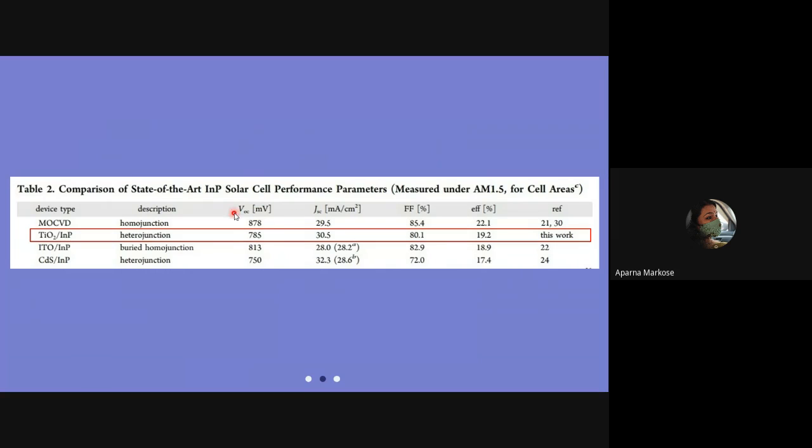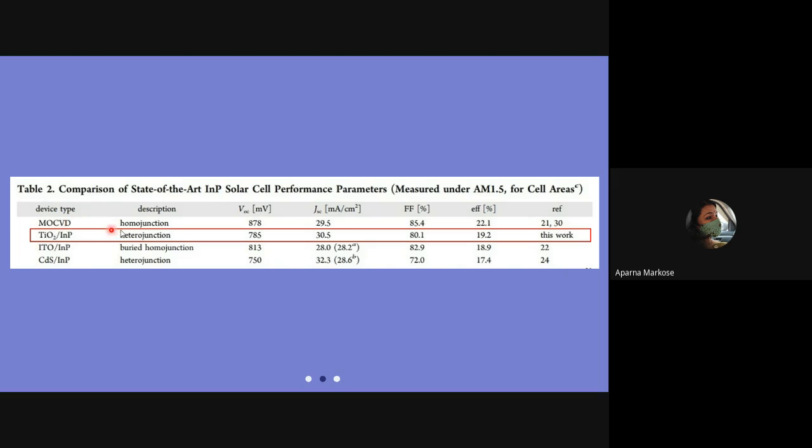And this is from the paper, actually this is not a presentation by myself, this is a paper presentation. All of you are already familiar with the paper, and this reference is from that paper. So this is the first experiment which I have told you, a very expensive MOCVD based solar cell.